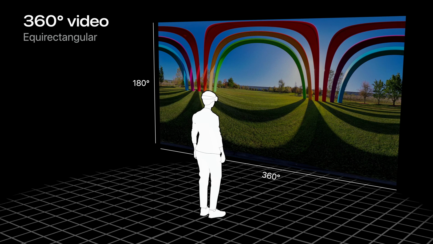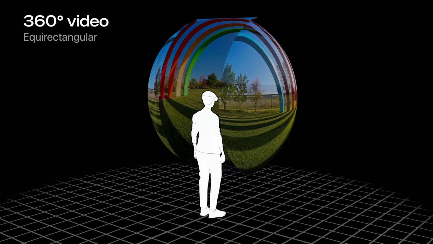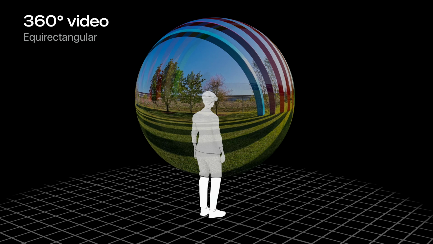A rectangular video frame, twice as wide as it is high, is used to achieve this, covering 360 degrees of the scene across its width and 180 degrees across its height. This video is mapped onto a sphere around the viewer with an equirectangular projection.